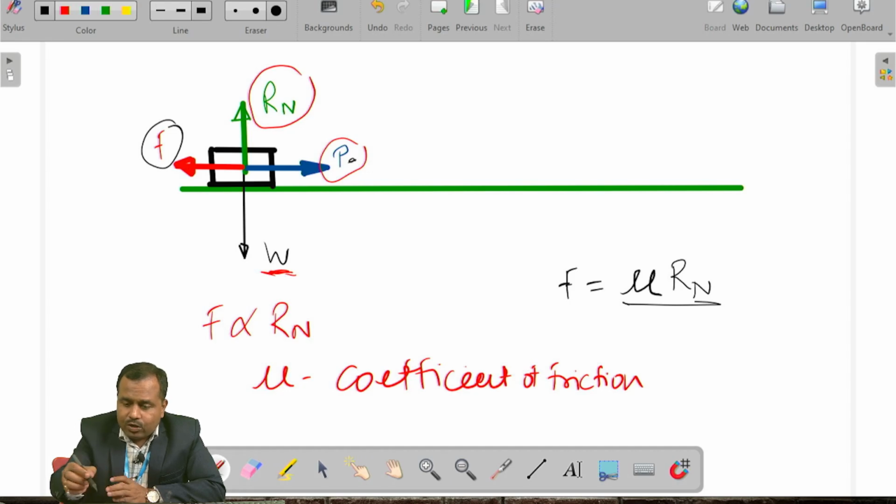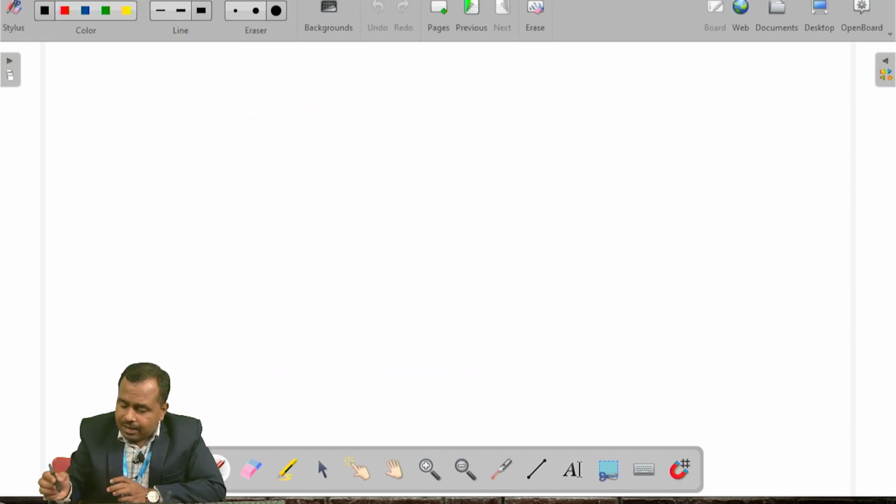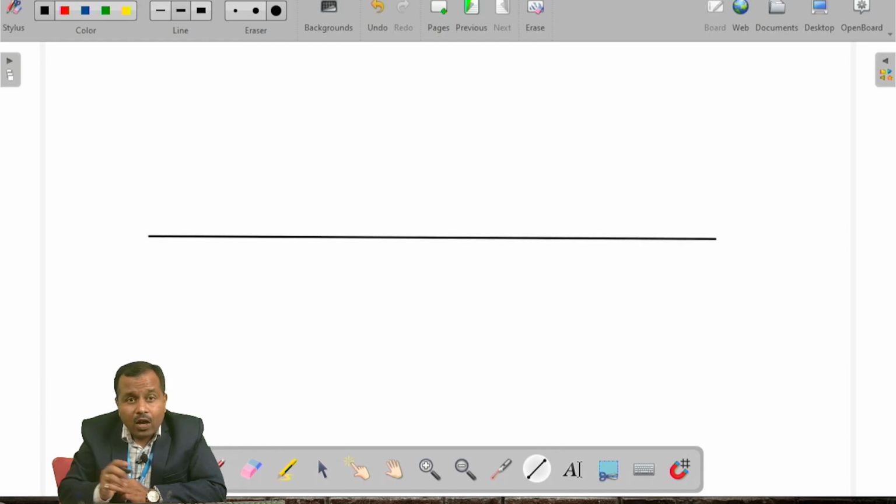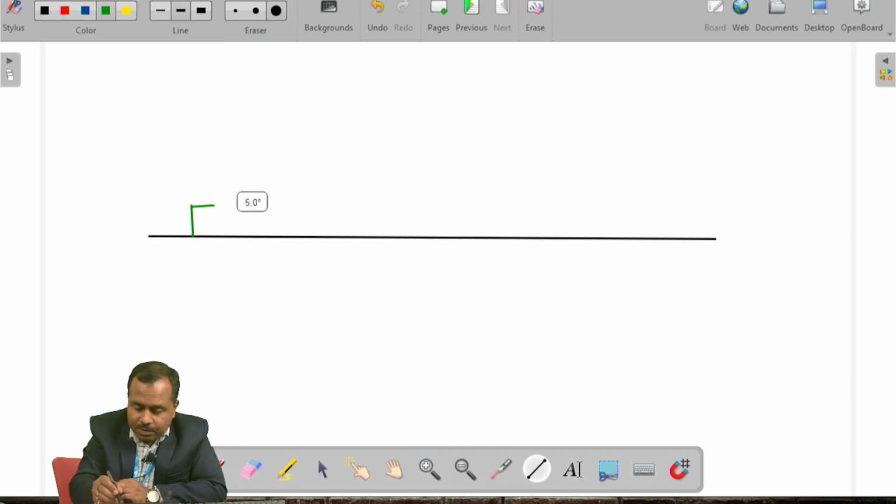So once again I'm going to consider a flat surface. Here this is the flat surface on which I'm going to keep an object. I have simply kept an object on this particular flat surface.